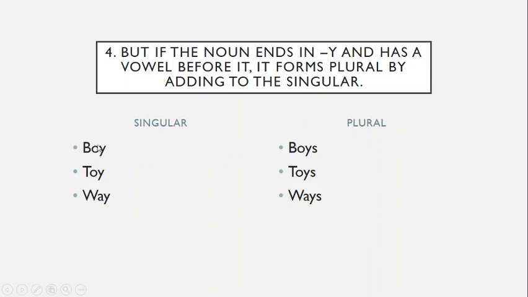What are the vowels? A, E, I, O, U. If before the y there is a vowel letter, you will add only s to the word and it will become plural. Now what is the difference between this and the previous?